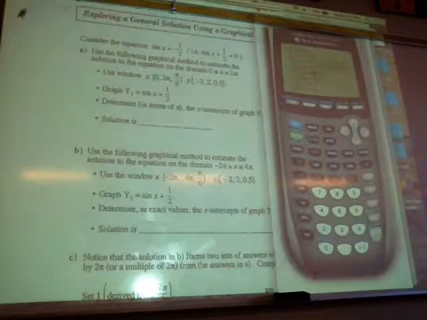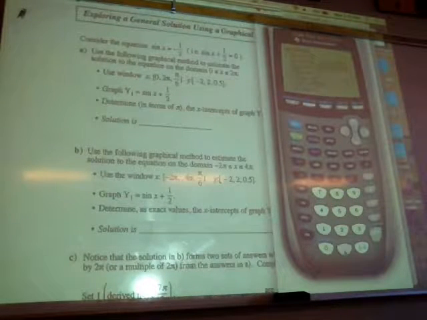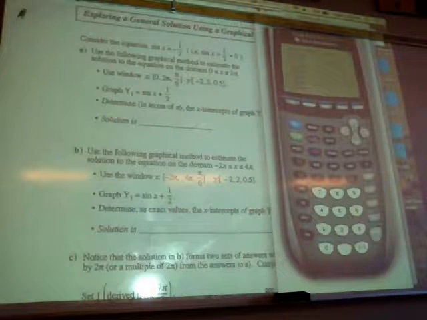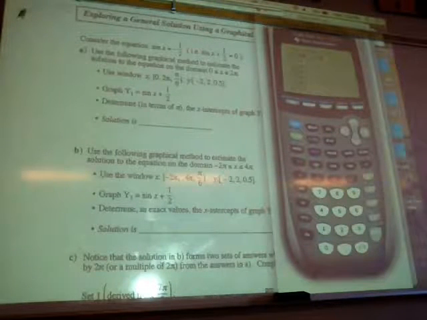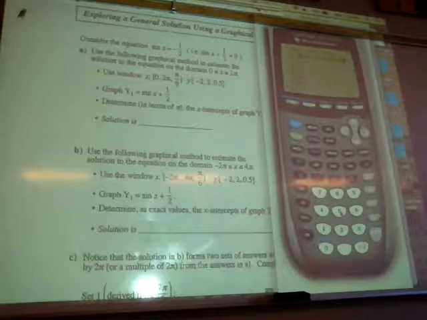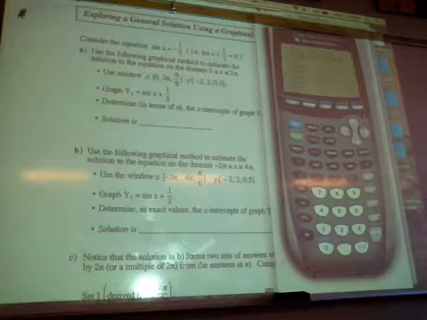And on the y-axis, we'll have negative 2 to 2 with a scale of 0.5. Then go to y equals and put in sine x plus 1/2. Always make sure you close the brackets before you add a constant beside. Then we can graph it.